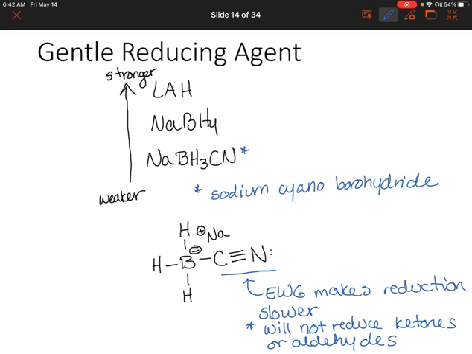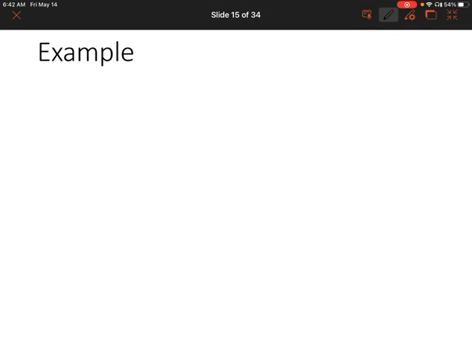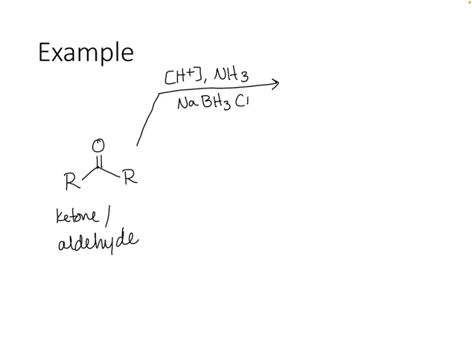Okay, so let's summarize. Let's start with a ketone, but remember you could also start with an aldehyde. And we said that if you add catalytic acid and ammonia, followed by sodium cyanoborohydride, you're going to end up with that primary amine.